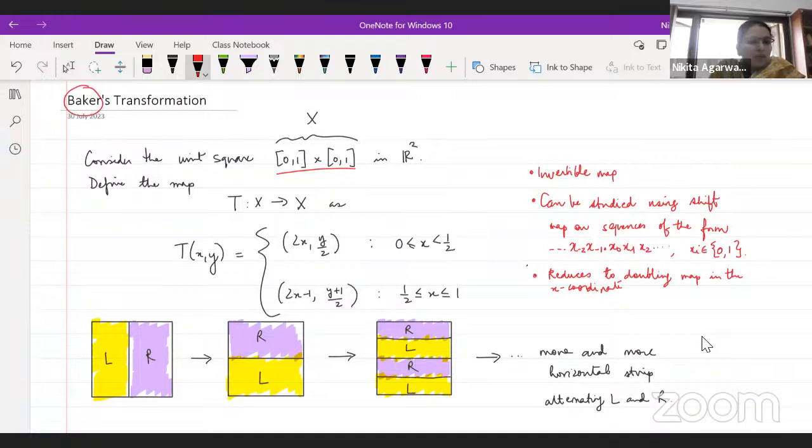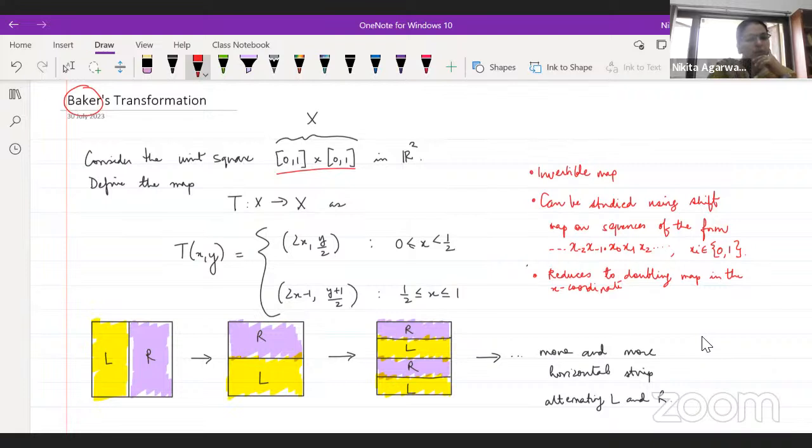Now imagine you punch it from the top so that the height becomes half. That means if the height has become half, you have the same volume of dough, so the length would become double, right? And then this piece that has gone to the right, you bring it on the top. That is what is happening with this map.